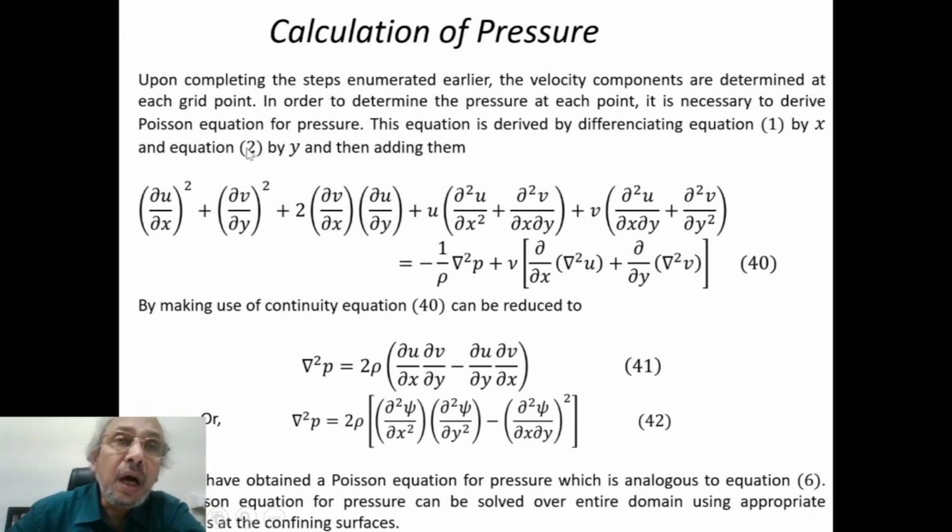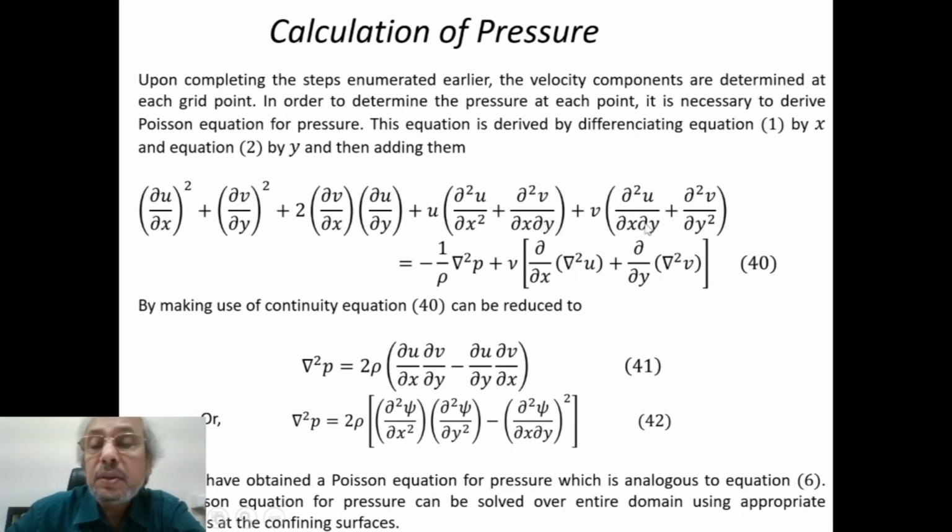And the y direction momentum equation we differentiate with respect to y. Earlier, for the vorticity transport equation, the y momentum equation we differentiated with respect to x, but here we are differentiating with respect to y. That means the x momentum equation we differentiate with respect to x, the y momentum equation we differentiate with respect to y, and then add.